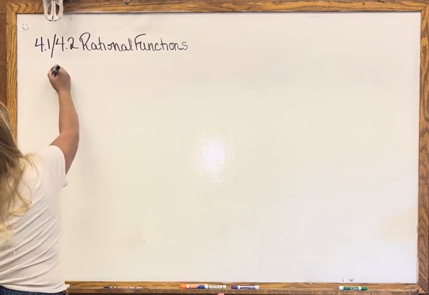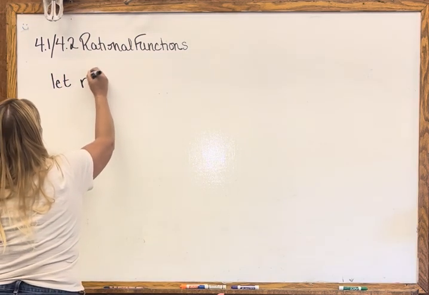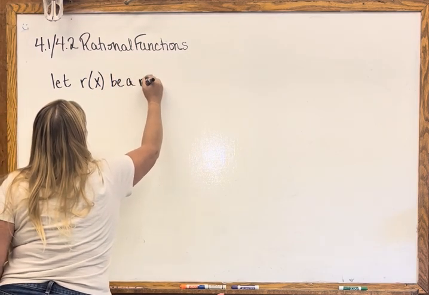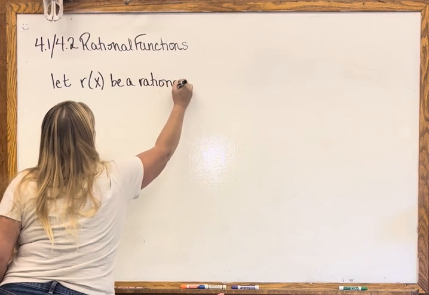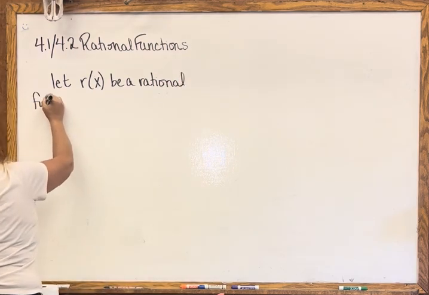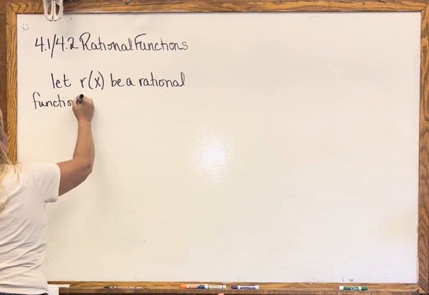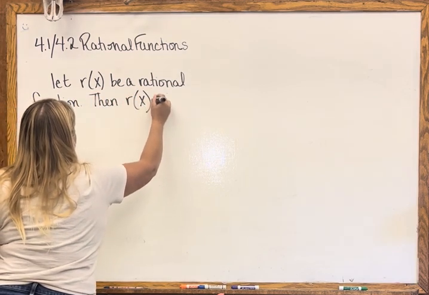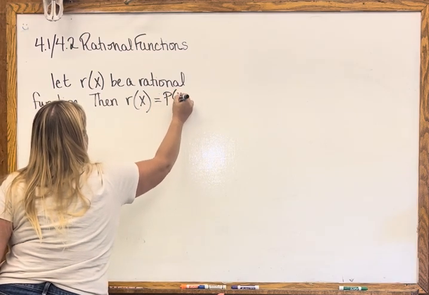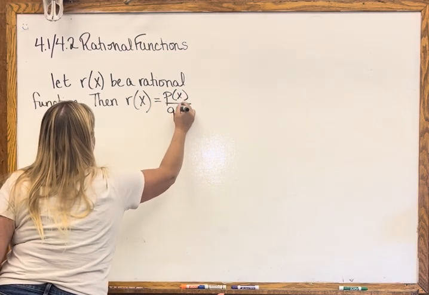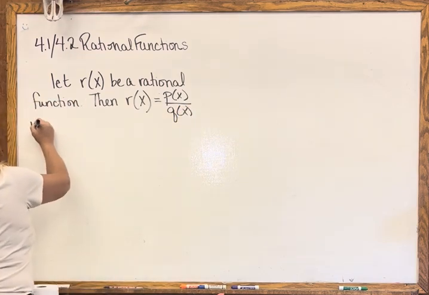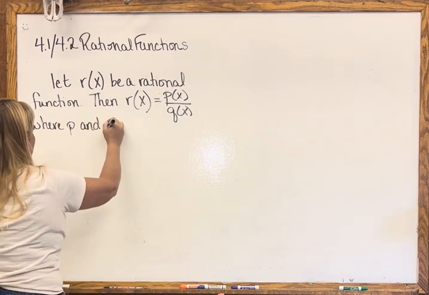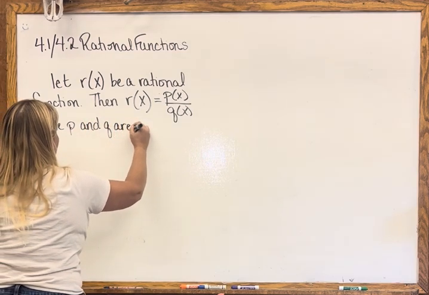Okay, so let r of x be a rational function. Then r of x is equal to p of x over q of x, where p and q are polynomials.